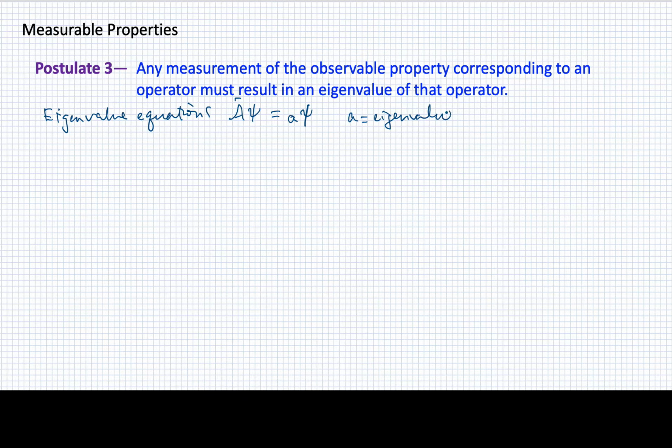Now, it's important, again, to clarify that a is an eigenvalue of the operator that corresponds to psi, which is an eigenfunction. You will not get a neat and tidy relationship like this for every function, only for particular functions that happen to satisfy this eigenvalue relationship.